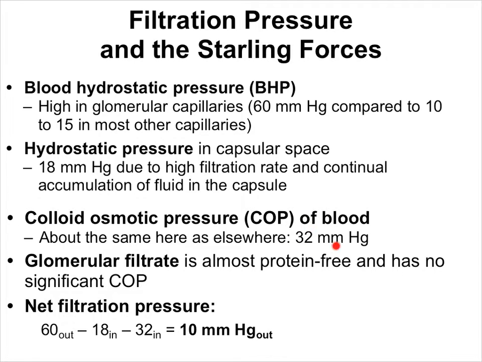It's usually about 32 millimeters of mercury. The colloidal pressure of the glomerular filtrate is typically negligible. It doesn't have very much protein, it doesn't have any cells, so its colloidal osmotic pressure is typically 0 in a properly functioning kidney. Now, in a kidney that's undergoing glomerular nephritis, or that has damage to it that's allowing blood and protein to leave the glomerulus, that can change. But under normal circumstances, we're going to consider this glomerular filtrate osmotic pressure to be 0.